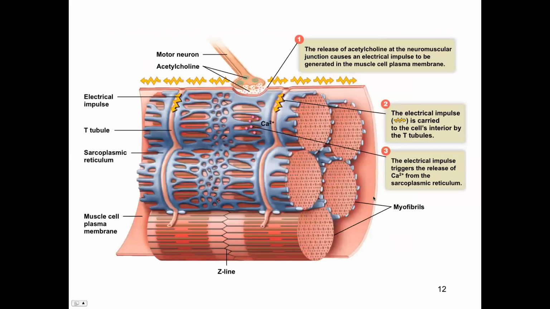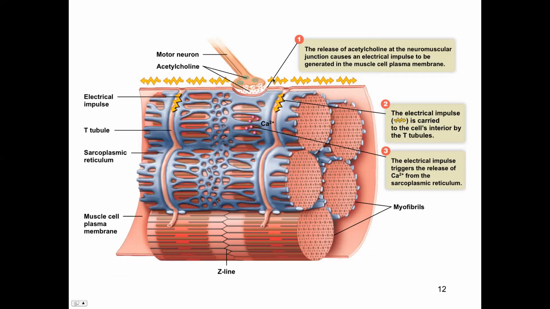So here you can imagine you've got this motor neuron. We call it a motor neuron, this particular neuron, because it's interacting with the muscle cell. And it releases its neurotransmitter. The neurotransmitter in this case for skeletal muscle is called acetylcholine. So this acetylcholine will drift into the junction here, the neuromuscular junction or the synapse that we have here, and it will bind to receptors on the muscle cell.